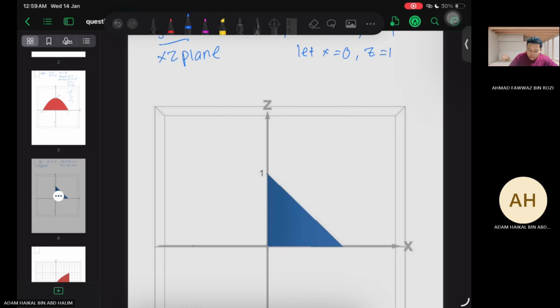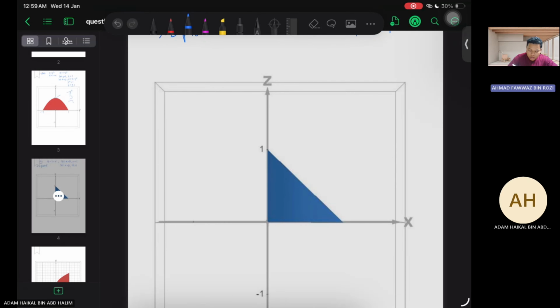So the graph we made from the z and x plane, we know that z equal to 1 if x equal to 0 and z equal to 0, so x equal to 1. So we get this graph, just a straight line. And this is the region for the graph, so it will give the triangle graph from the y direction.